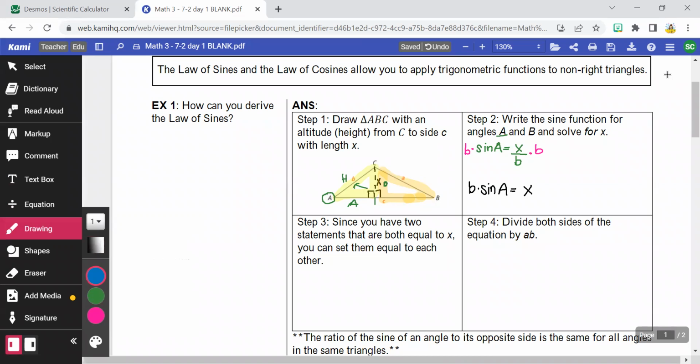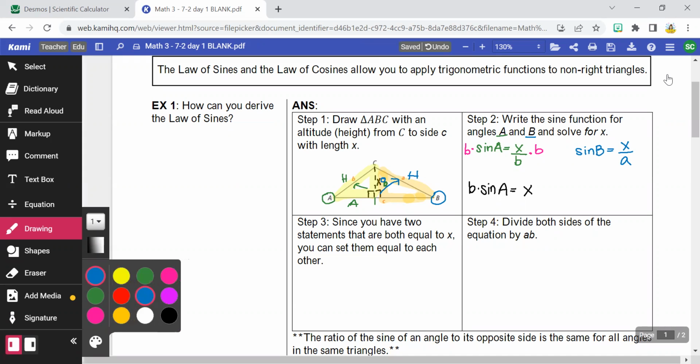I'm going to do the same thing with angle B. If I look at angle B and I'm trying to write sine of B, notice that X is still opposite angle B. So O over H, my hypotenuse this time, across from my right angle, is side A. So O over H for angle B is X over A. We want to solve for X again.